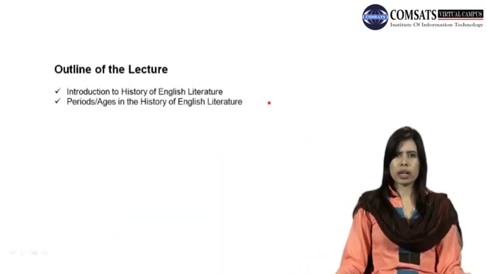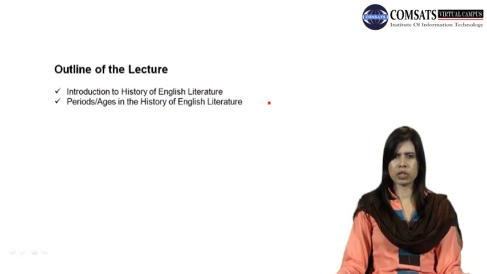So this is lecture 3 of the semester. Today I'll give you a briefing to the history of English literature, and then the different ages and the periods in the history of English literature. As you know, these periods and ages are very much important while studying English literature.